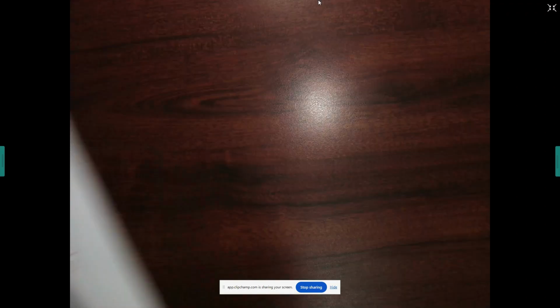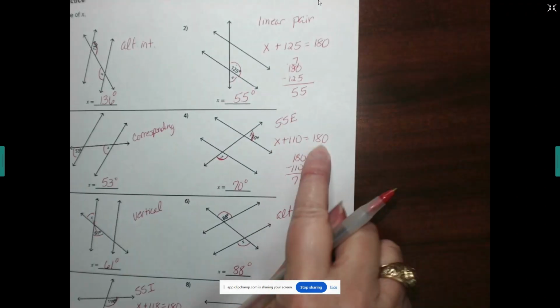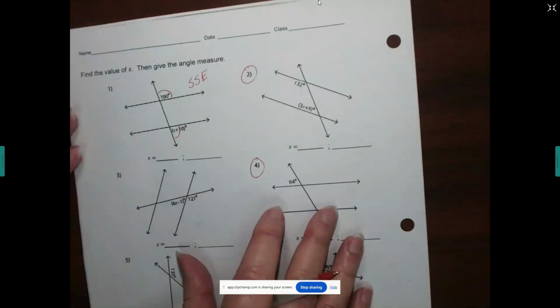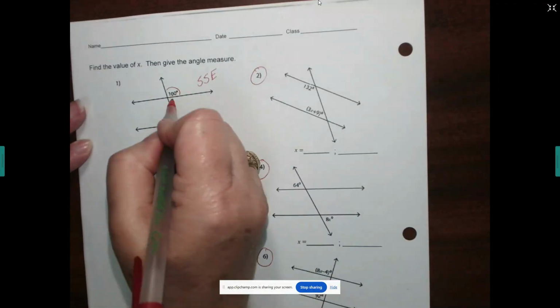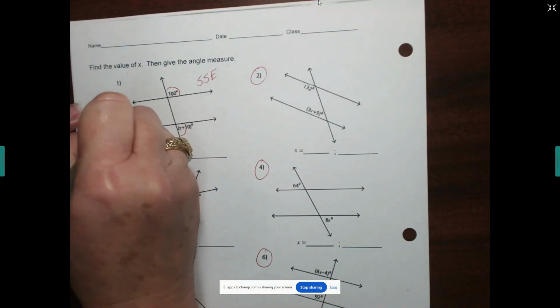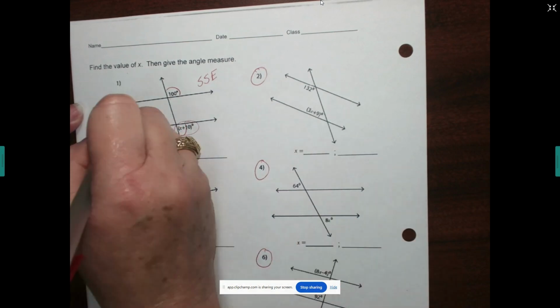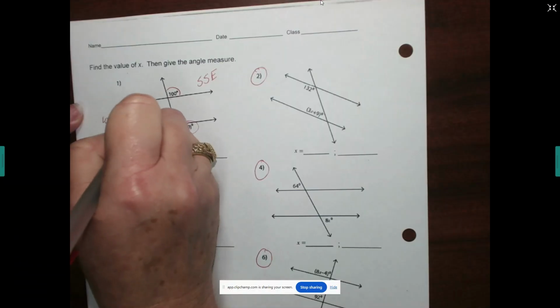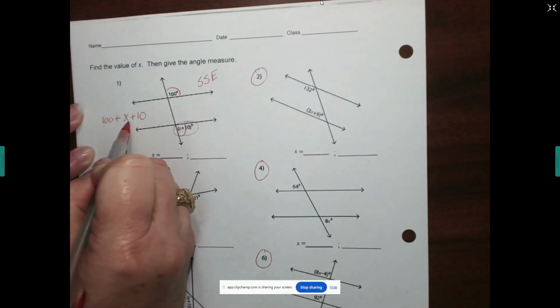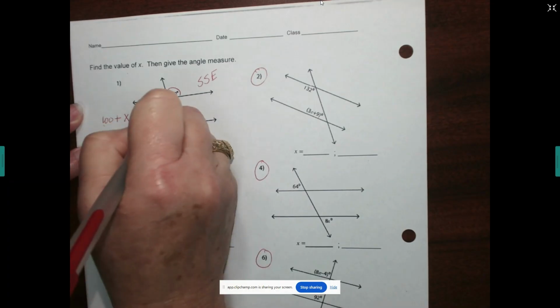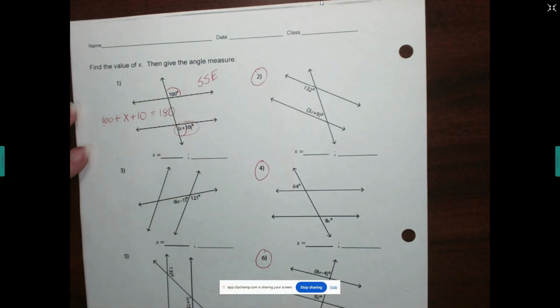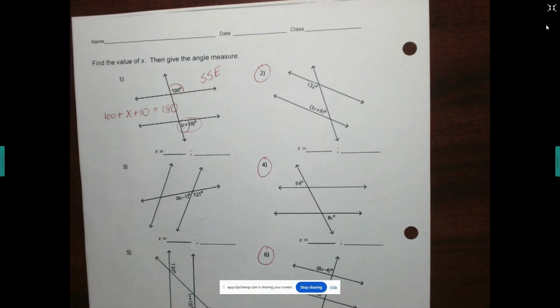So just like I did over here, where I wrote this equation, I'm going to do the same thing here, except I'm going to use 100 plus this whole angle, which is x plus 10. So here's my first angle, here's my second angle, has to equal 180 degrees. And then, if you're not good at solving equations, we can always go to Desmos.